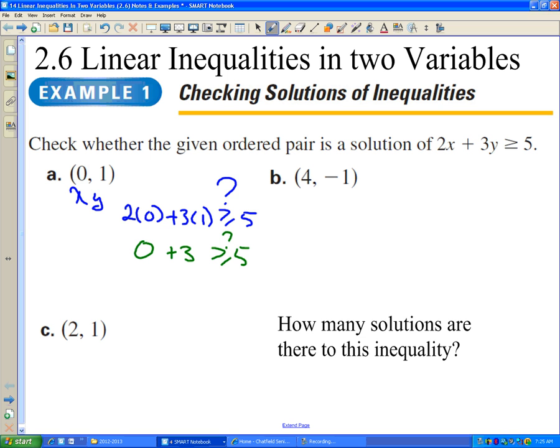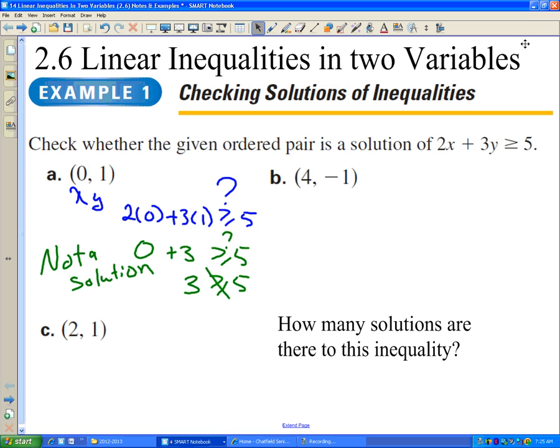So this is 3. Well, 3 is not greater than or equal to 5. So letter A, this is not a solution. It does not work. 3 is less than 5. It's not greater than and it's not equal to.